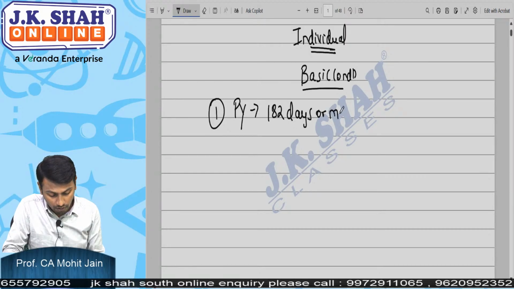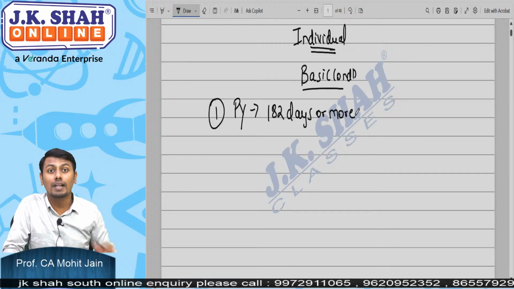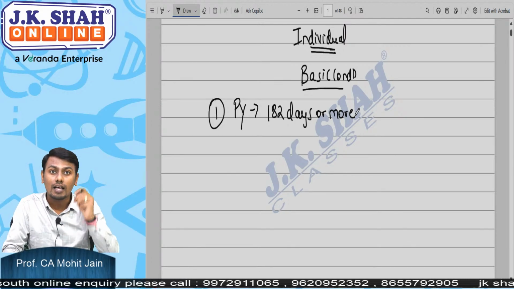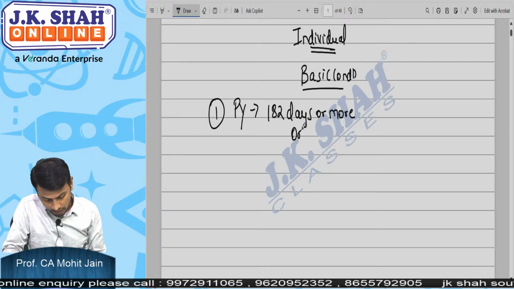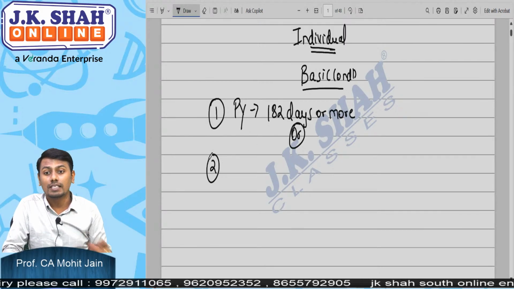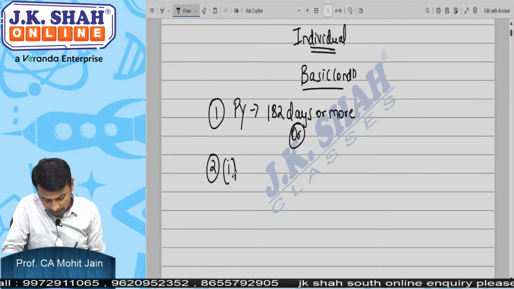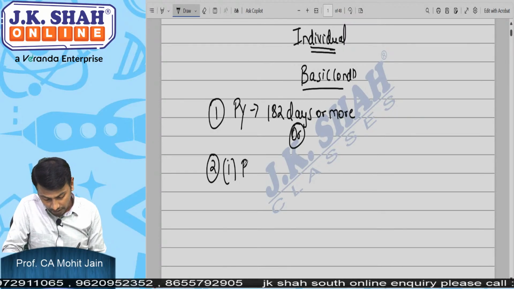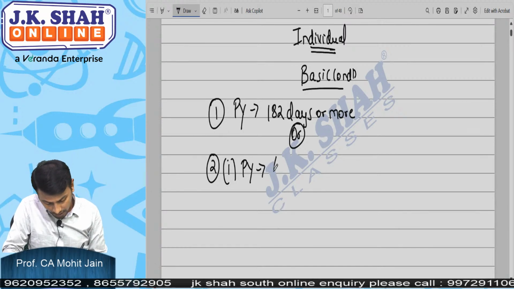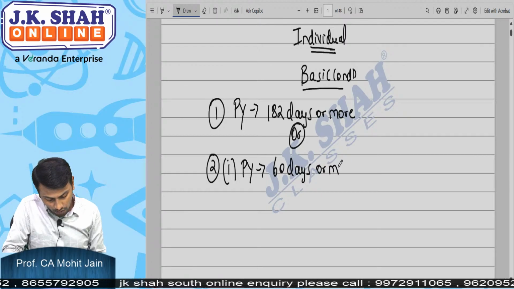182 days or more. And what do you mean by previous year? Current year, that is the year in which you are earning the income. Or what is the second basic condition? In the second basic condition, there are two sub conditions. Sub condition number 1: in the previous year, you have to be in India for 60 days or more.